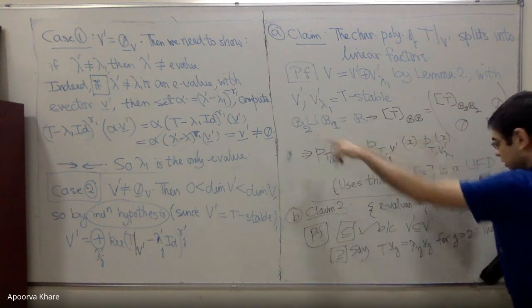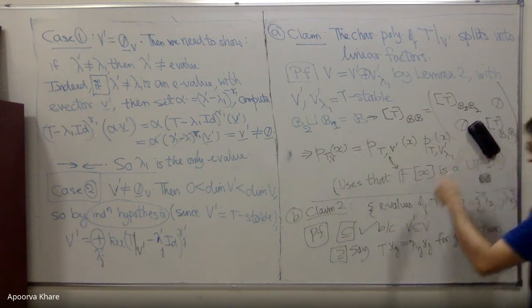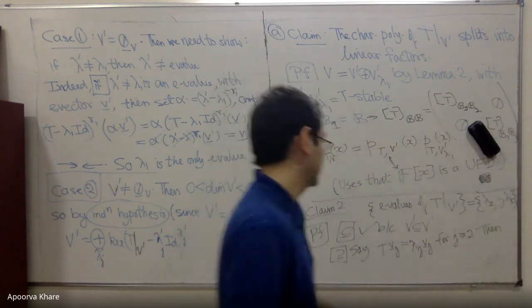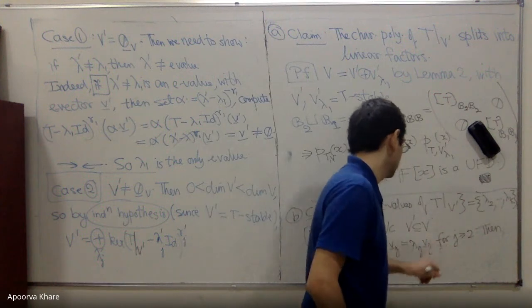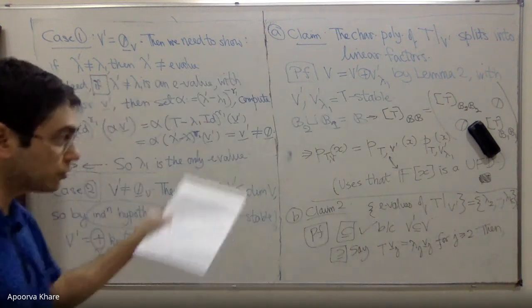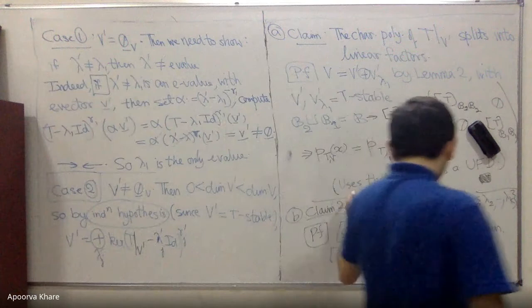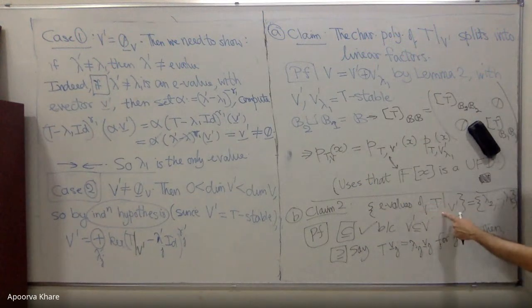Just like the calculation on that board, you can say the same thing again. I want to say that vj belongs to V prime. And therefore, this lambda j is indeed one of the eigenvalues here. So all of these sit inside here, and so the sets are equal.